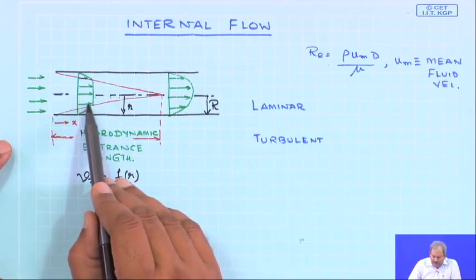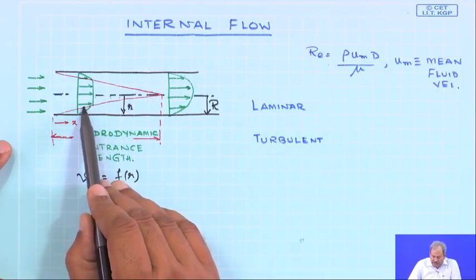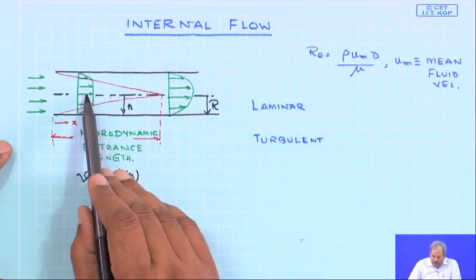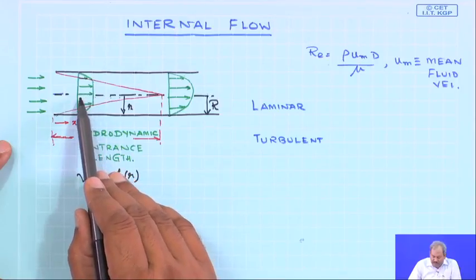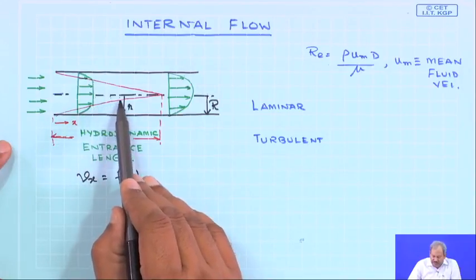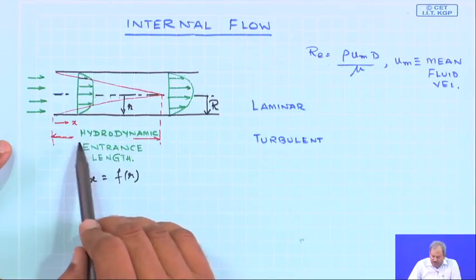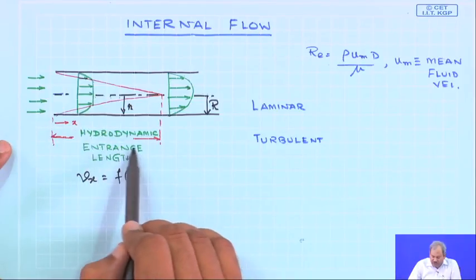So, a boundary layer is going to form. Inside the boundary layer, the flow is viscous. Outside the boundary layer, as per our definition, the flow is inviscid. The thickness of the boundary layer keeps increasing, and at some point we call it the hydrodynamic entrance length.